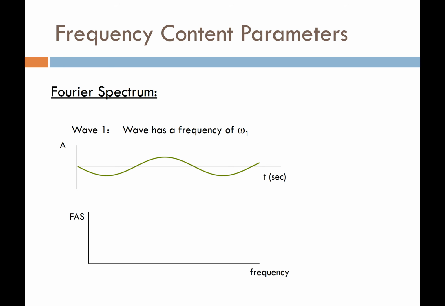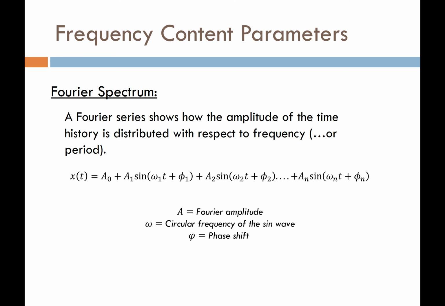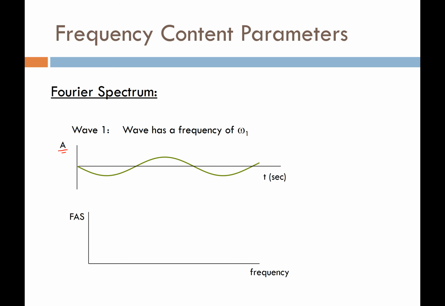Let's say that I have this wave here, wave number 1, and it has a circular frequency of omega 1. A here is the amplitude of the wave, and you can see the period of the wave. It looks something like this.